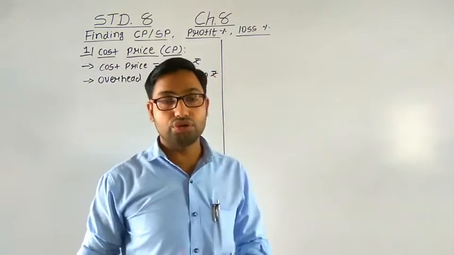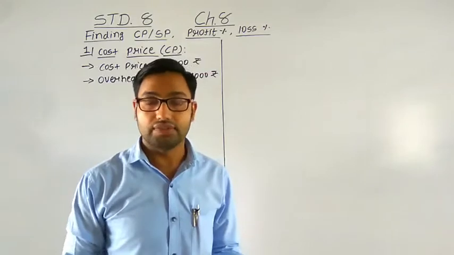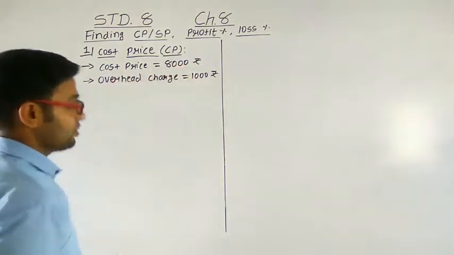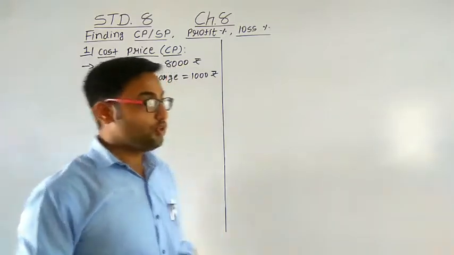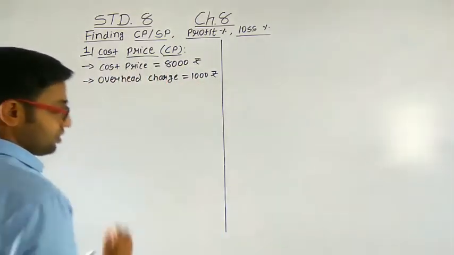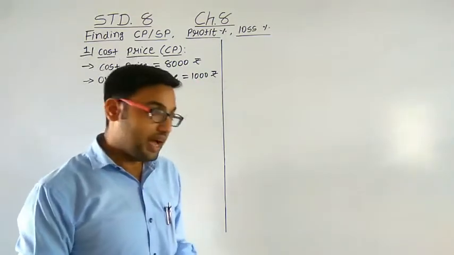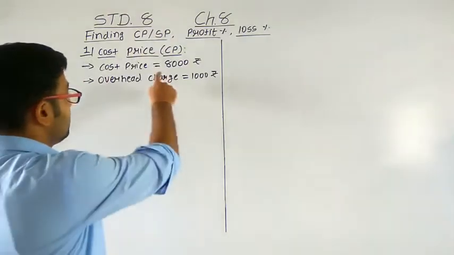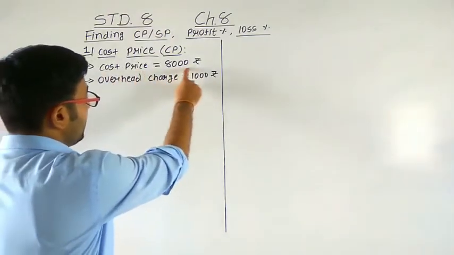And now you want to sell your TV. You bought the TV for rupees 8,000 and paid an overhead charge of rupees 1,000 to repair it. Now if you want to sell it, the cost price is not 8,000.